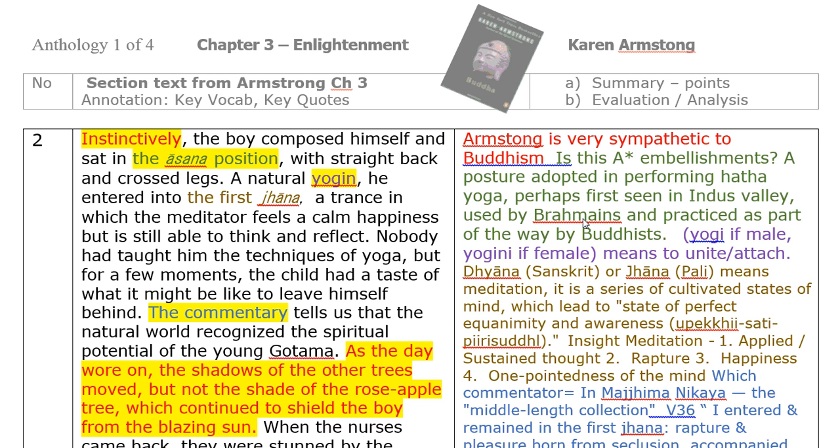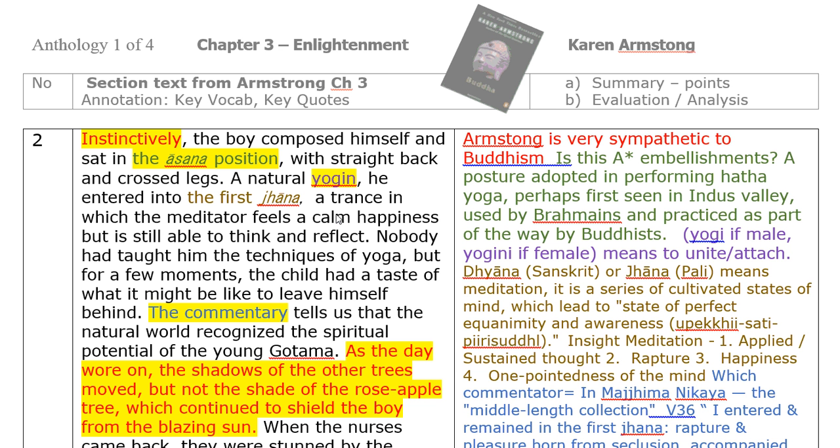In particular, the forms of yoga include jhana yoga. Now, in Sanskrit, it's dhyana, and in Pali, jhana. And it just means meditation. There are 4 levels of meditation, or 4 jhana levels, and you can cultivate each of these 4 levels into a state of perfect equanimity and awareness.